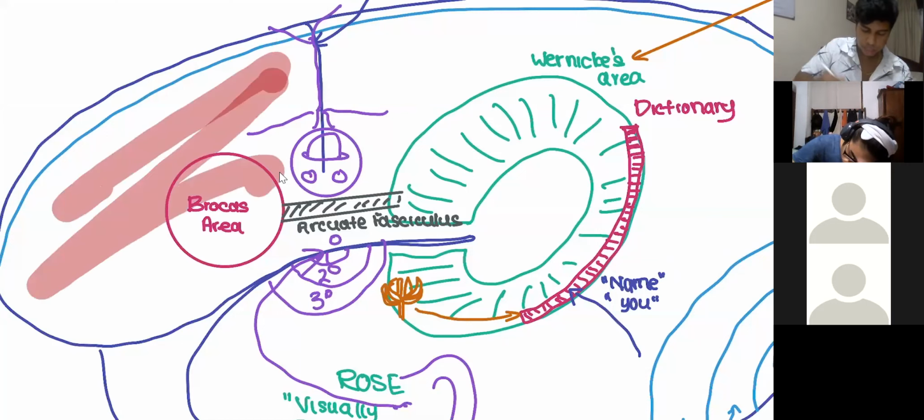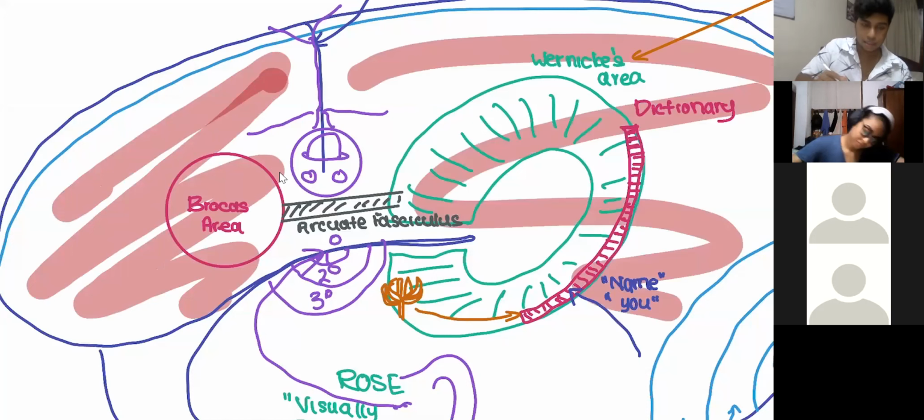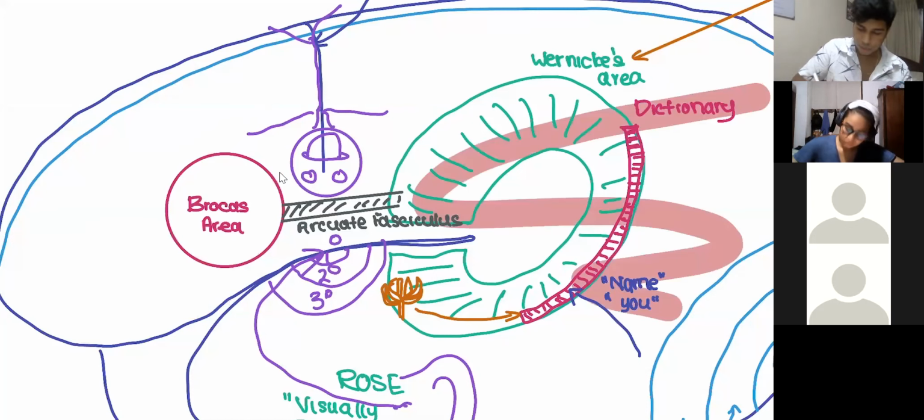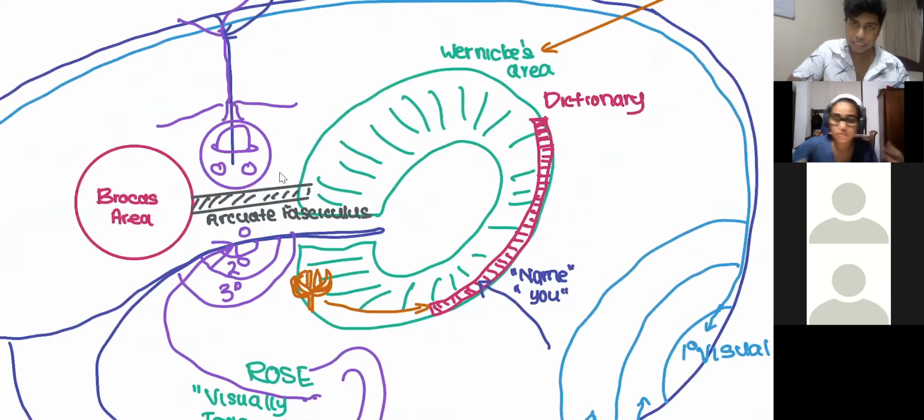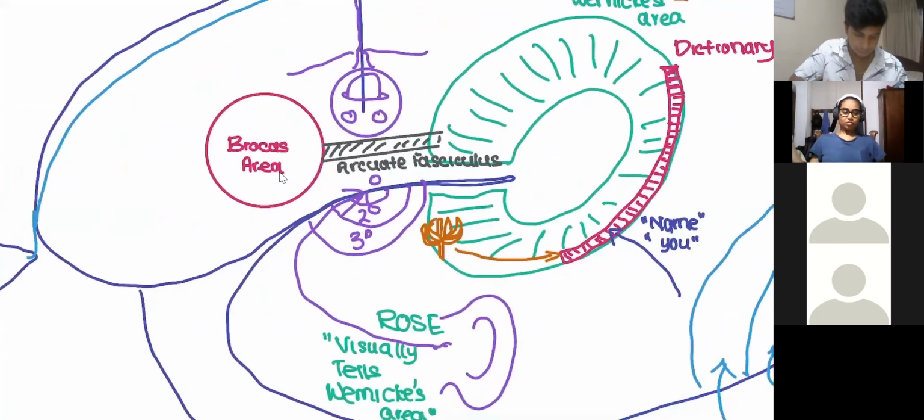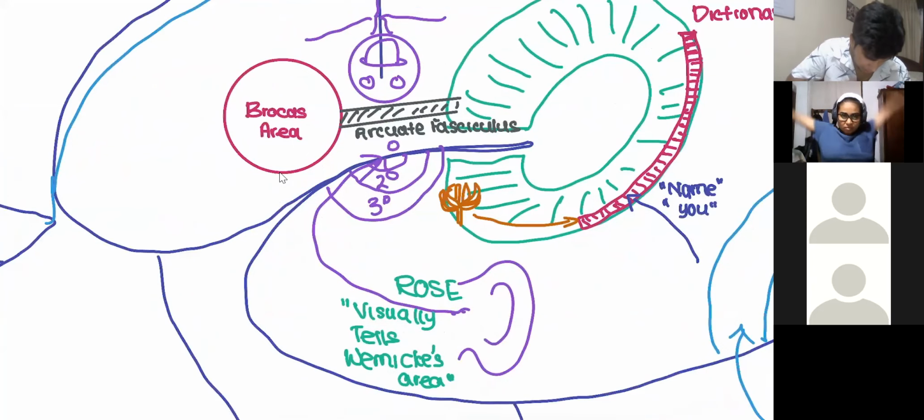This area is the motor area. This is the sensory area. So Wernicke's is just sensory, and Broca's is motor.